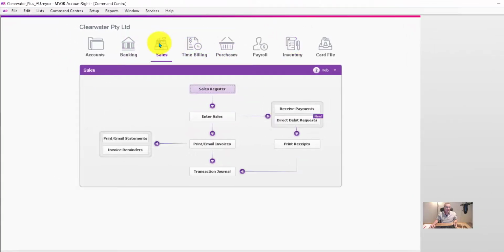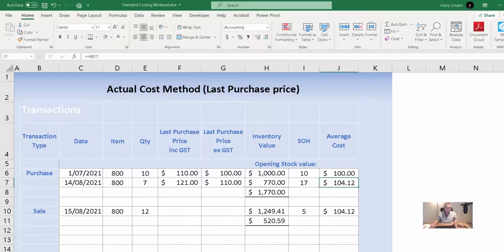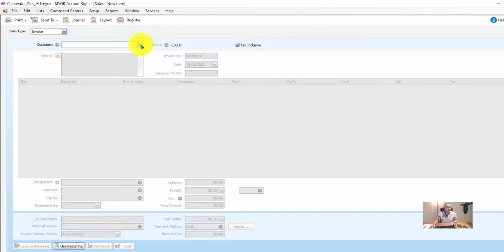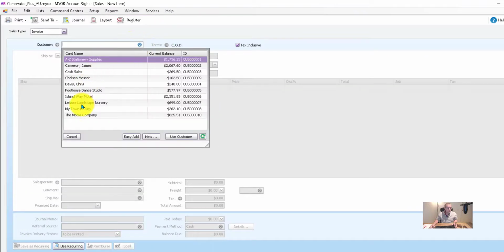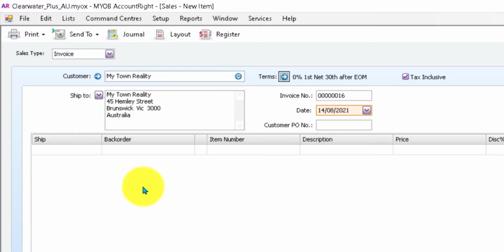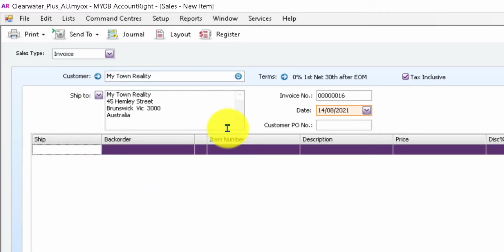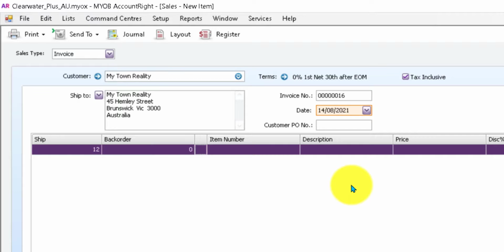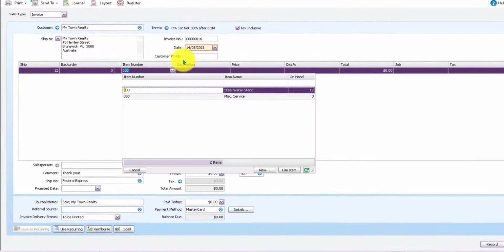So let's go to sales, and we're now going to sell 12 items. Let's enter a sale, and it doesn't really matter who it is, let's sell it to My Town Realty, and we now sell 12, item 800.